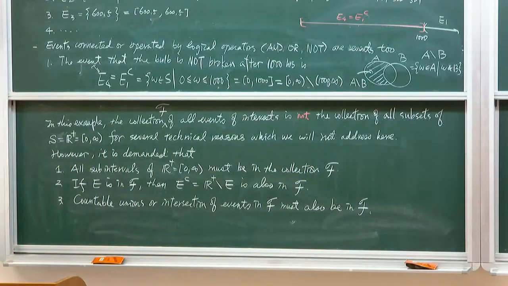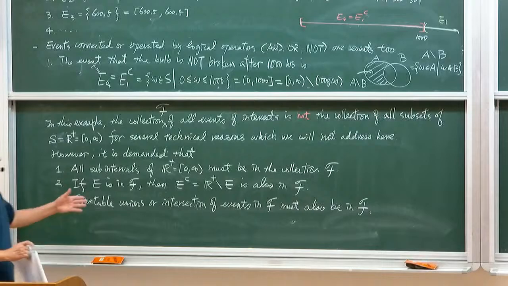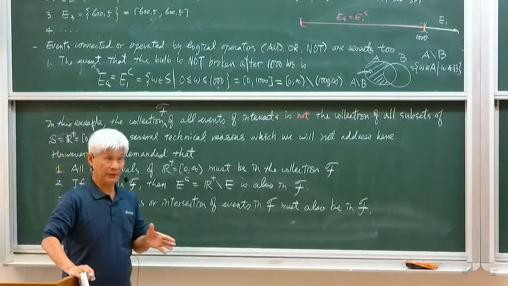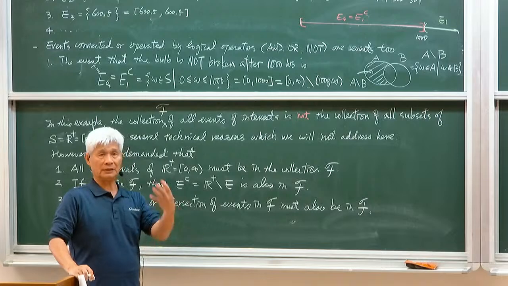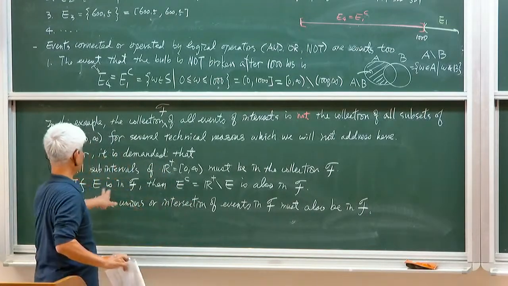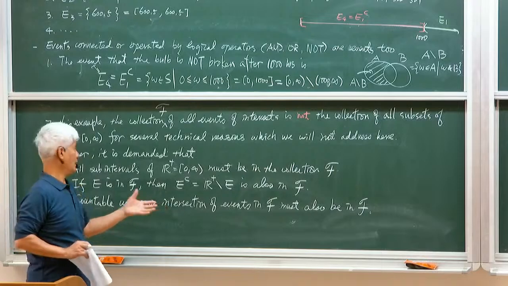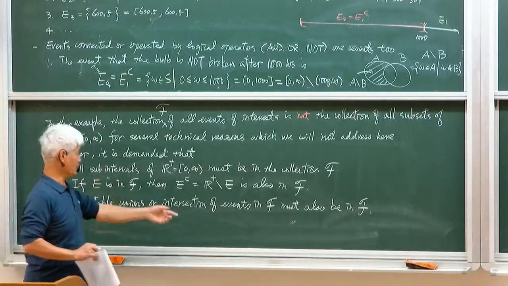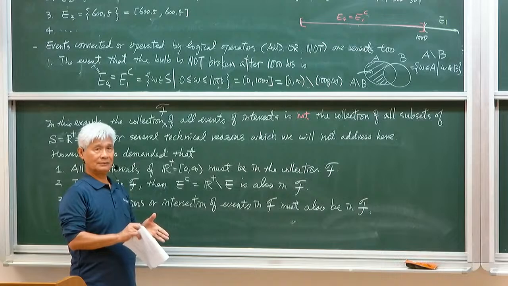So this is reasonable, right? Because we want to connect events by the logical operators and, or, and not. Not corresponds to the complement, or corresponds to union, and and corresponds to intersection.